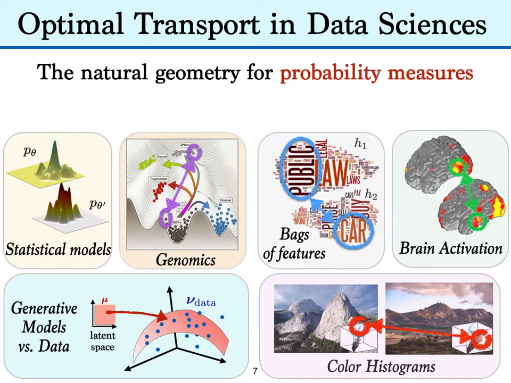So the basic paradigm in optimal transport is that if you give me a way to compute the distance between two words, any pair of words, so this would be public and car here, I can give you a way to compute a distance between probability distributions on words. If you give me a way to compute the distance between two areas in the cortex, then I can provide you with a distance on two activations.